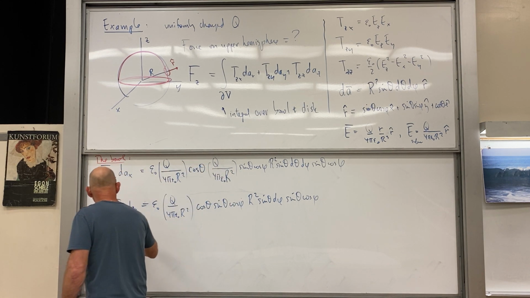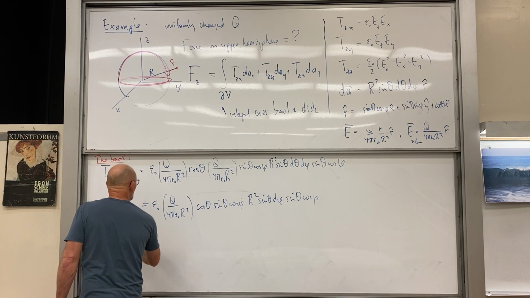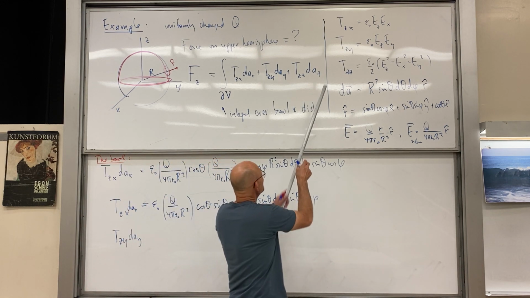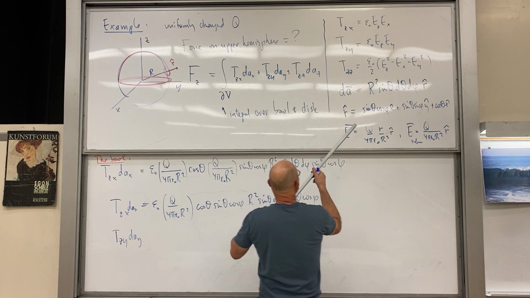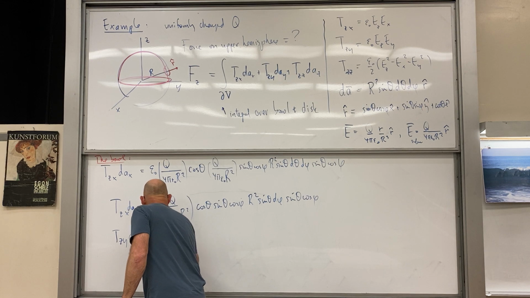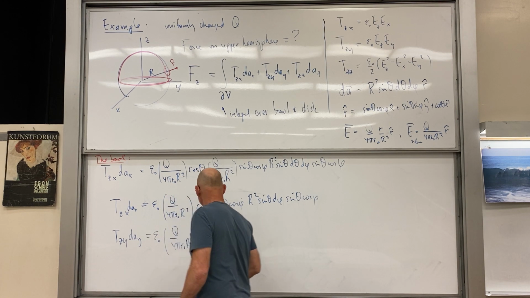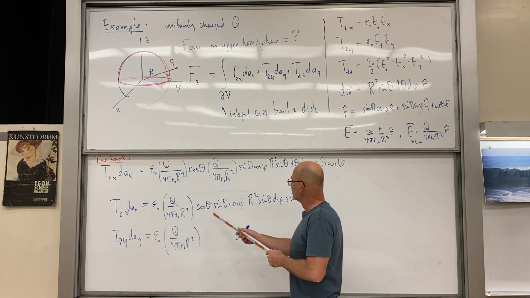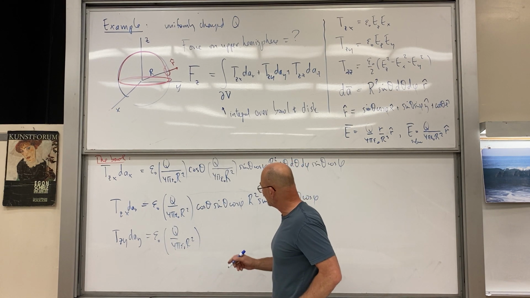Okay. So now we have T Z Y D A Y as our next one. There's epsilon naught E Z E Y. So here's what we're going to have: epsilon naught Q over 4 pi epsilon naught r squared. Now we're going to have the cos theta for the z, and for the y we're going to have sine theta sine phi.